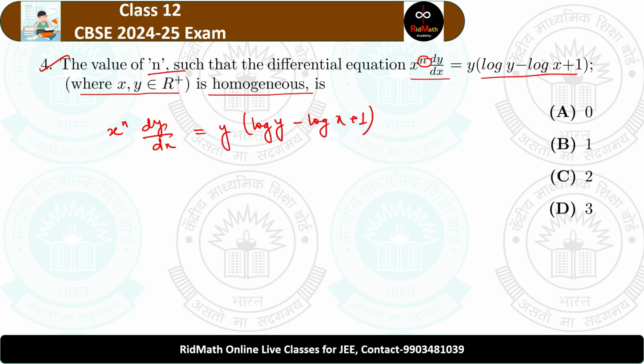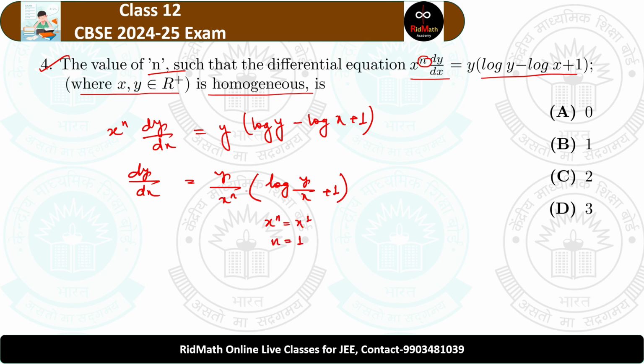Okay, so dividing by x to the power n, dy by dx is equal to y by x to the power n into (log y minus log x plus 1), that is log (y by x) plus 1 with the property of log. Okay, so see that if x to the power n equals x, that means n equals 1.